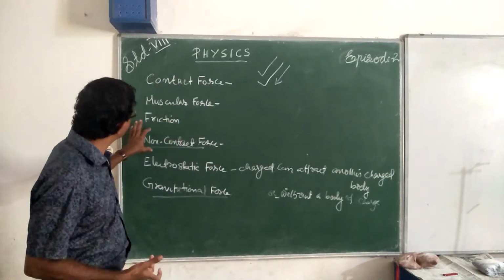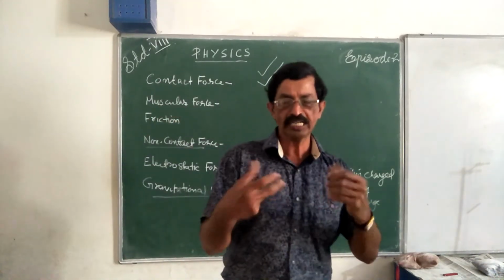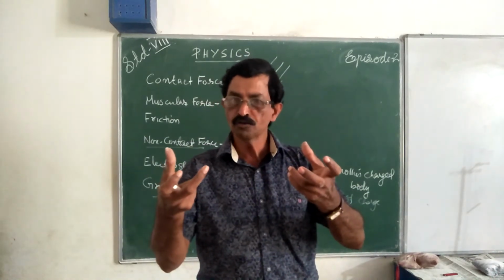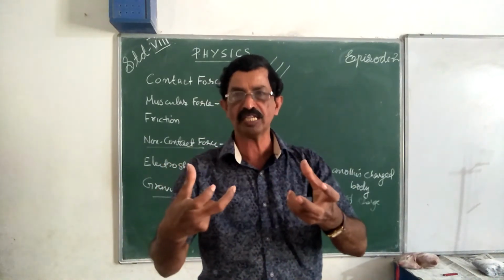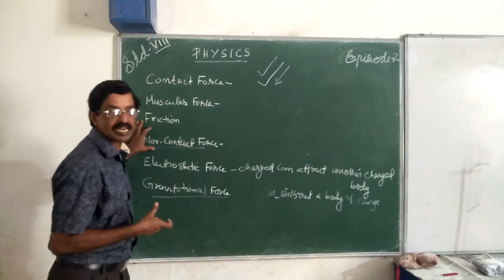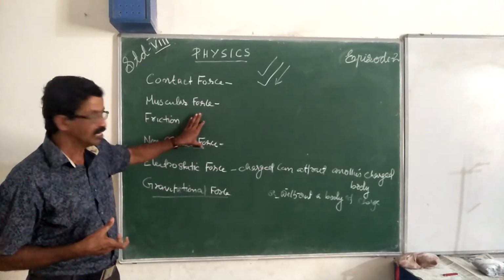That is, in magnetic force, when we consider two like poles, for example, two north poles come together, they repel each other, or two south poles come together, they repel each other. A north and a south pole attract. So magnetic force is attractive as well as repulsive.